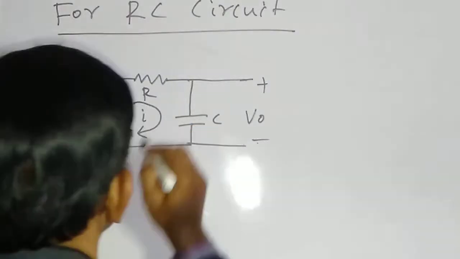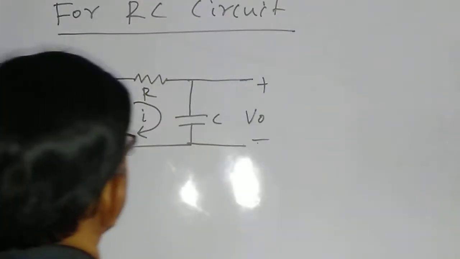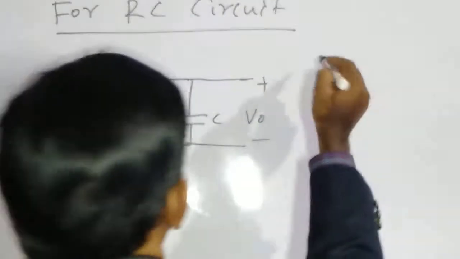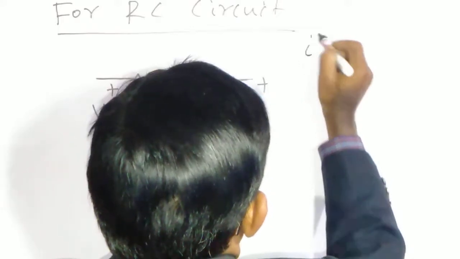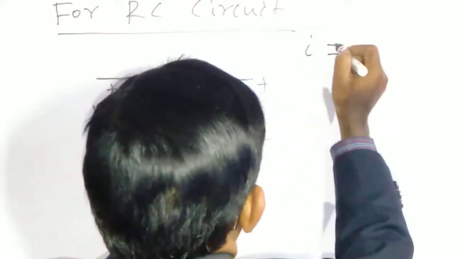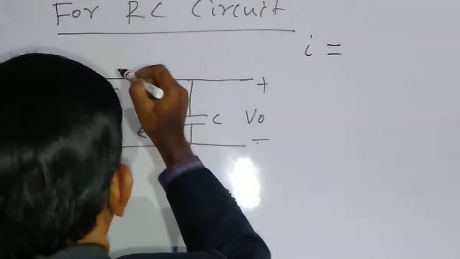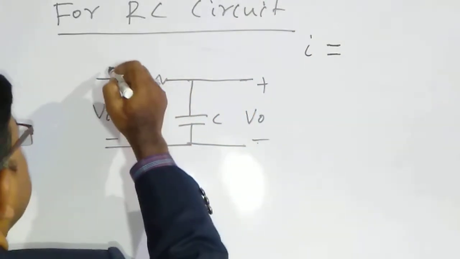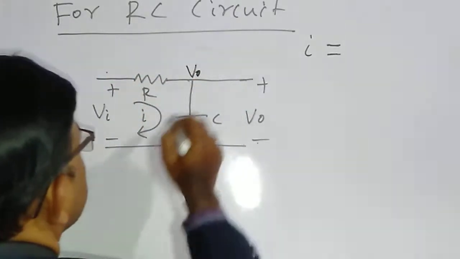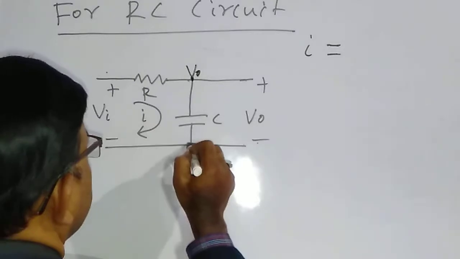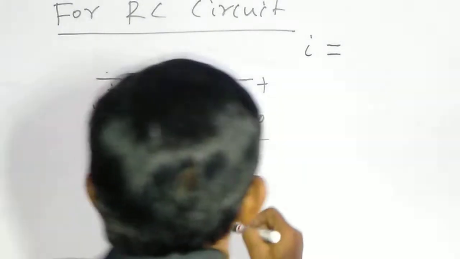So let us find the current I. So I is equal to, by applying branch current method, so this voltage is Vi, and this is the node voltage, and this is the ground.